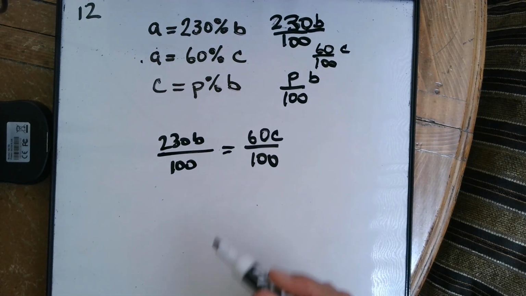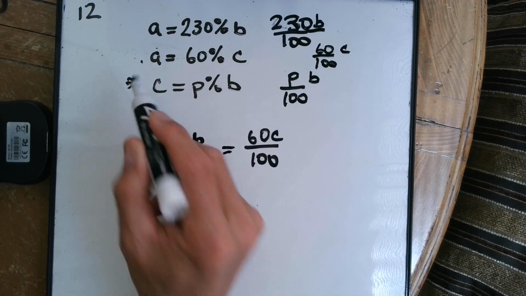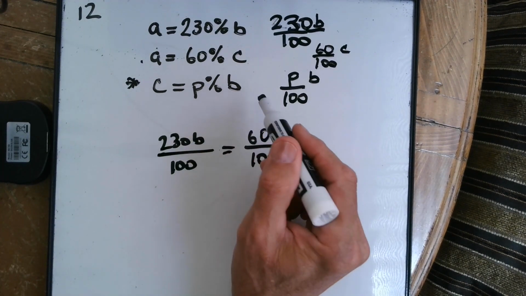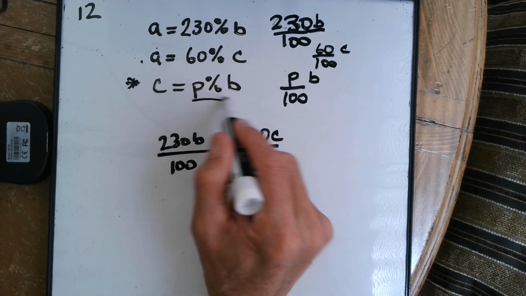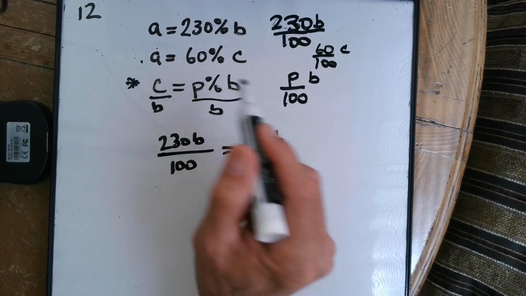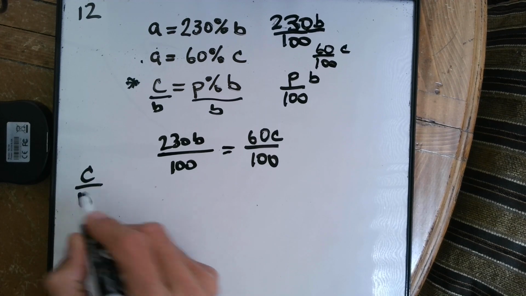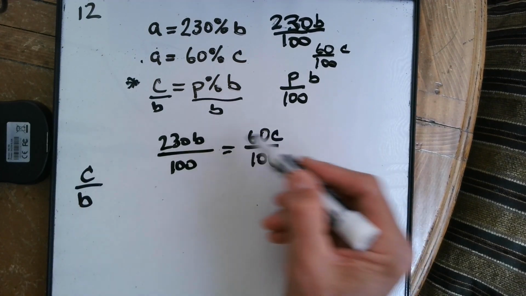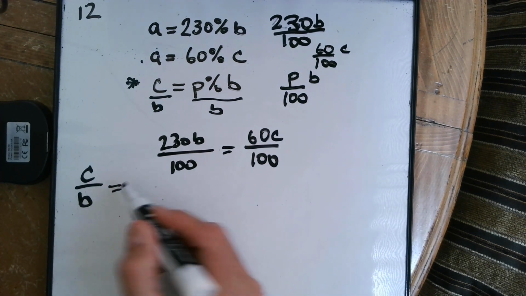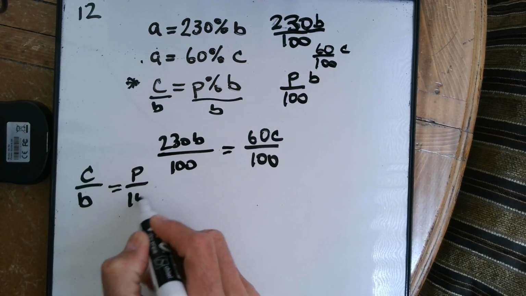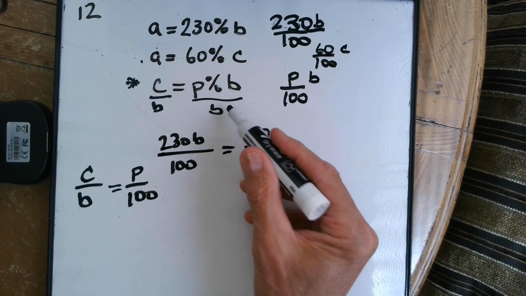Well, before I see anything, I've got B and C. So I'm going to notice a little trick here that I could divide both sides by B. And that would give me, if I could then substitute, which I notice I have C and B here. So if I change these equations, I can substitute this, right? Because I know that P over 100 is going to equal this from just setting these two equations together.